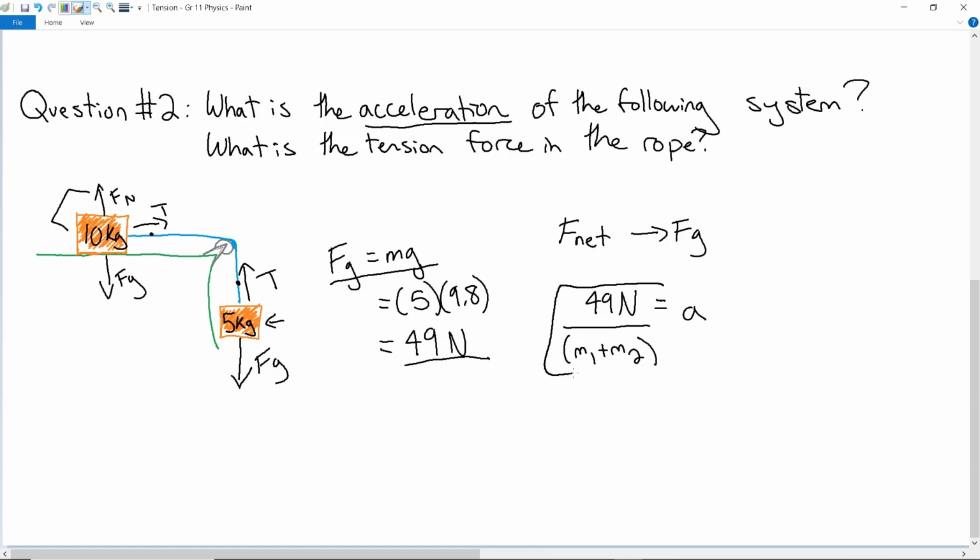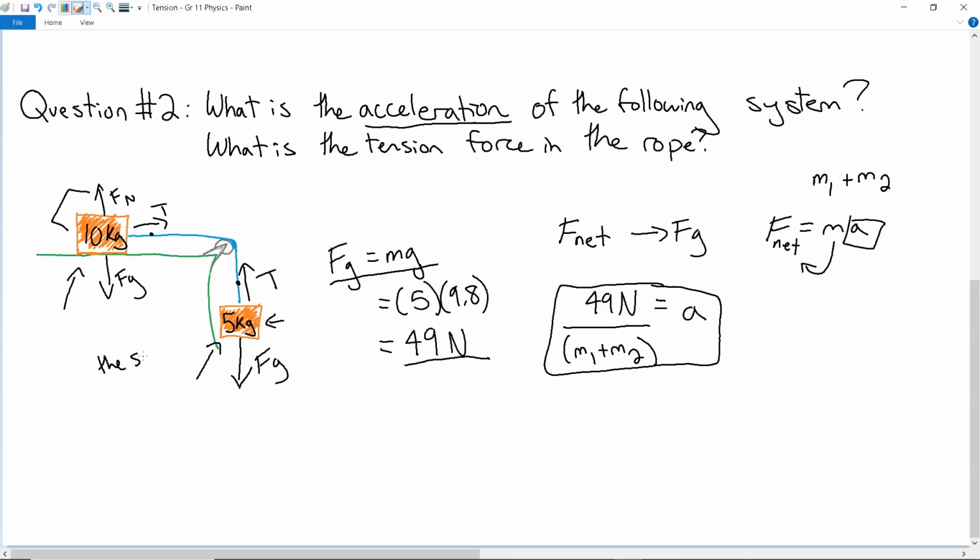So how did I get this equation? Let's think about F equals ma, specifically F net. If I'm going to rearrange to solve for a, I need to move my mass over here. But I need to consider both masses together because they're both attached to the rope and they are both part of the system. So if this box here is accelerating at a certain rate, this box here must also accelerate at the same rate.